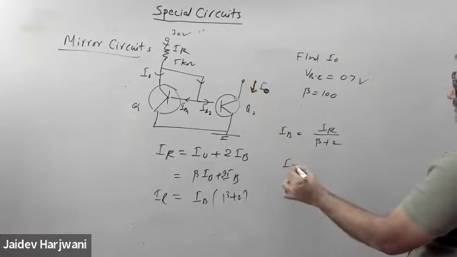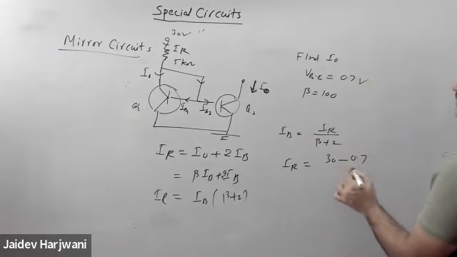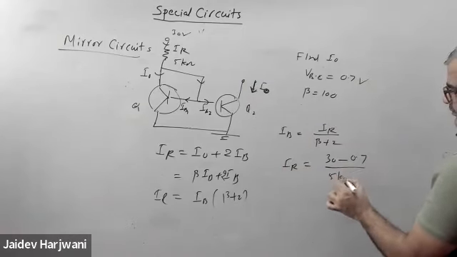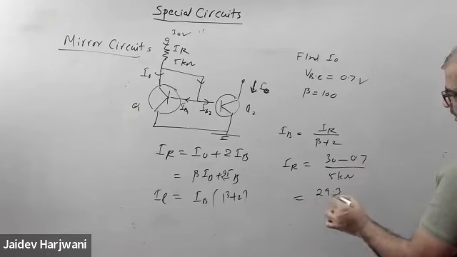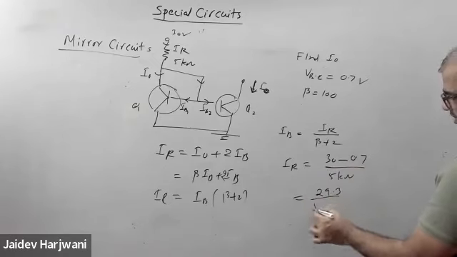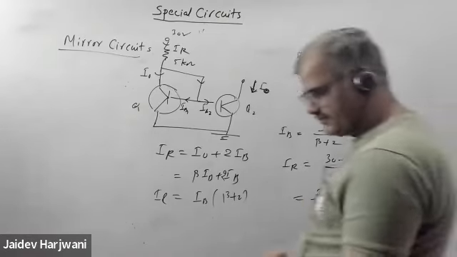So IR will be your VCC 30 minus 0.7 upon 5 kilo ohm. 30 minus 0.7, okay, 29.3, upon 5 kilo ohm. Tell me how much IR is coming.